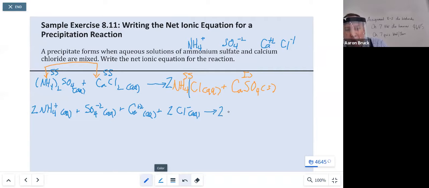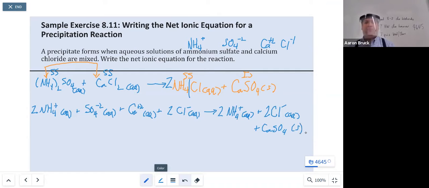So I have 2 ammonium ions, NH4+, still in the aqueous phase. I have 2 chloride ions, also still in the aqueous phase. Calcium sulfate is insoluble, so we're going to leave it as just that. Calcium sulfate, solid.